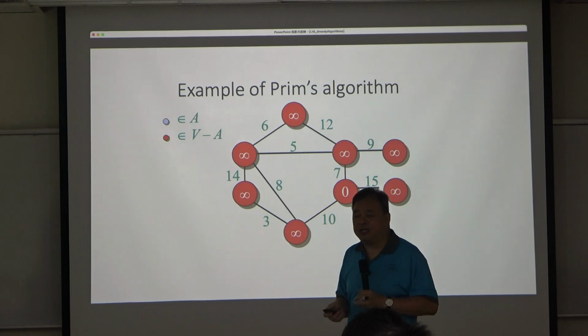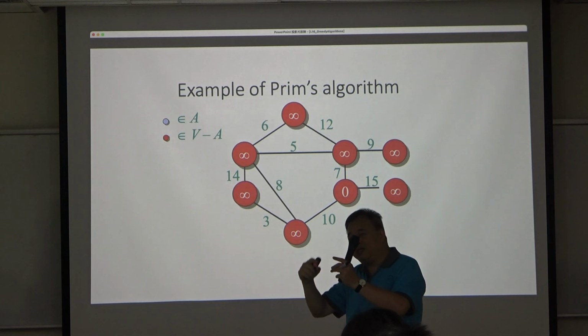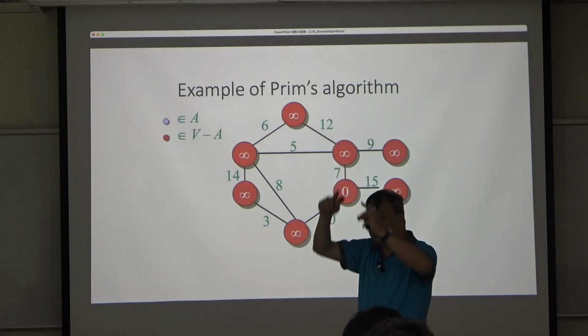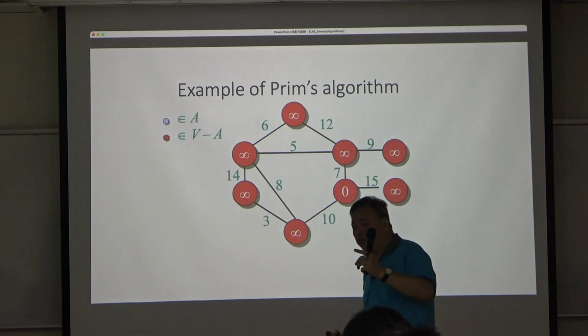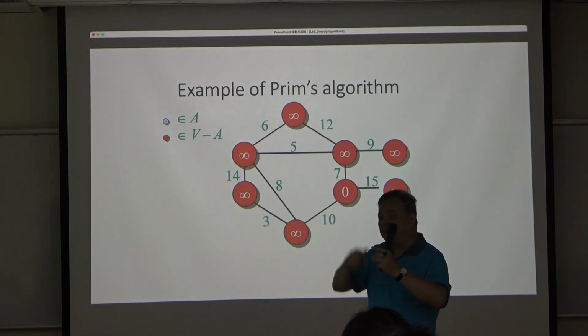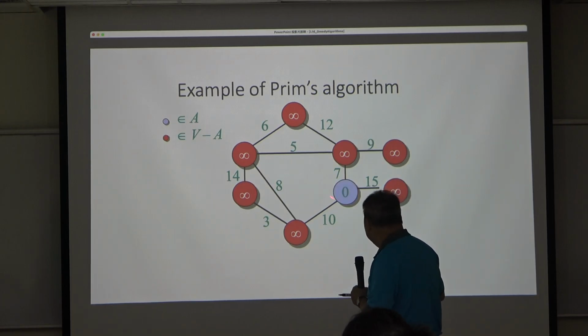And once you change their key in the min heap, you have to adjust it. It's a tree shape, so in the worst case you'll be going down or going up. You have to adjust that. Their keys become 7, 10, 15.